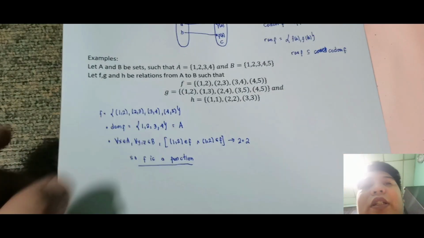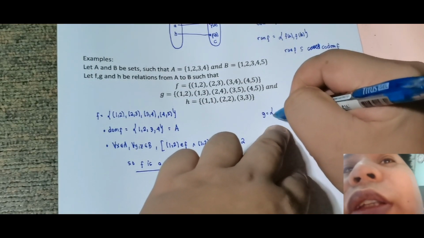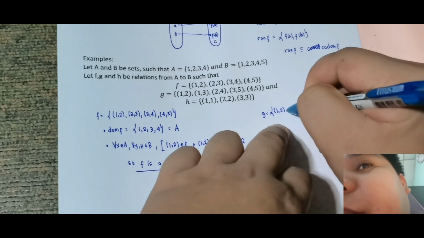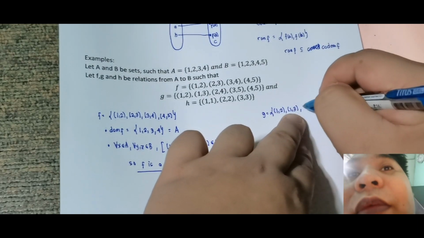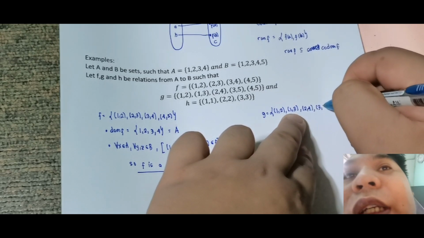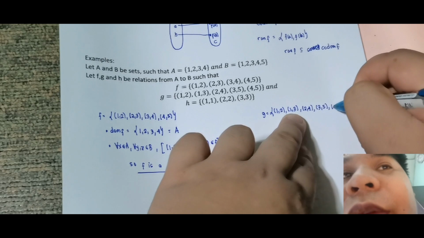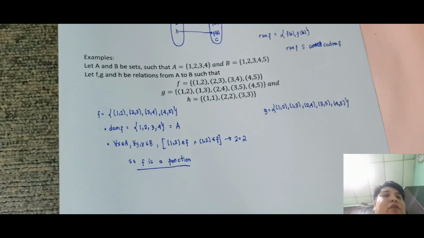Okay, so letter G. Try natin si letter G. So for letter G, medyo mahaba. This is the set containing (1, 2), (1, 3), (2, 4), (3, 5), and (4, 5). Okay, so i-check ulit natin.